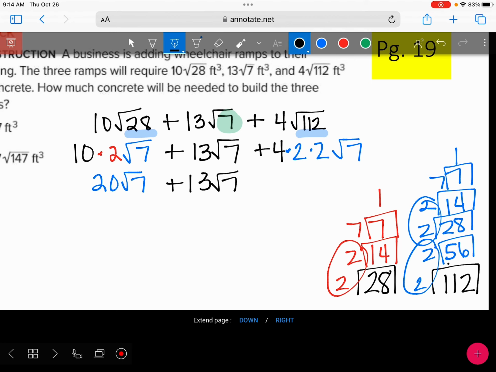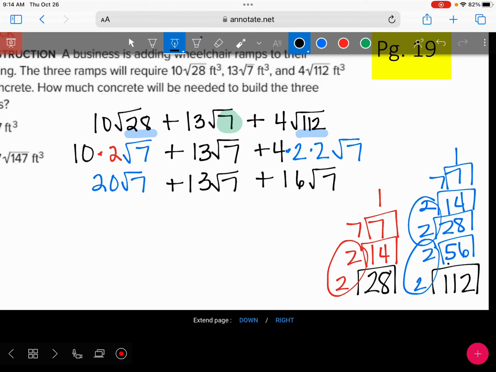So pick up your calculator, multiply 4 times 2 times 2. So 4 times 2 is 8. 8 times 2 is 16. So we got 16 root 7.